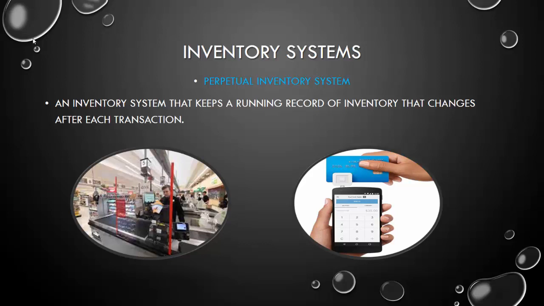So the advent of all this technology has made the perpetual inventory system much, much easier to use. And because it gives you up to the minute quantities and values of your inventory, it's preferred by pretty much every retailer. 90-something percent of retailers use the perpetual inventory system, and I think that number is only going to get higher.